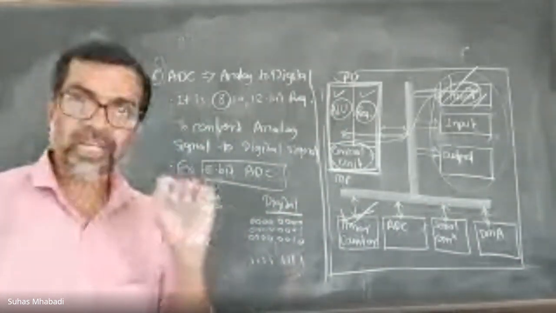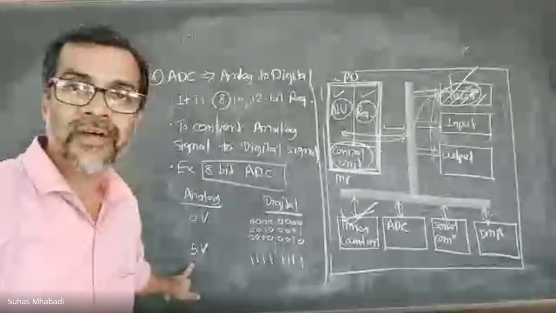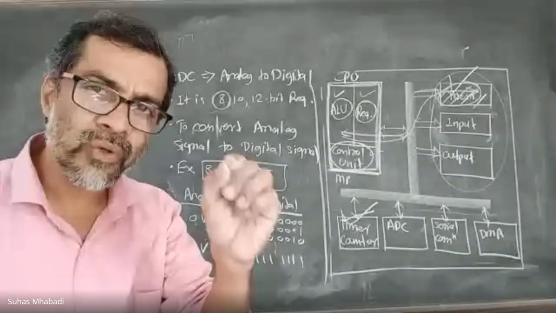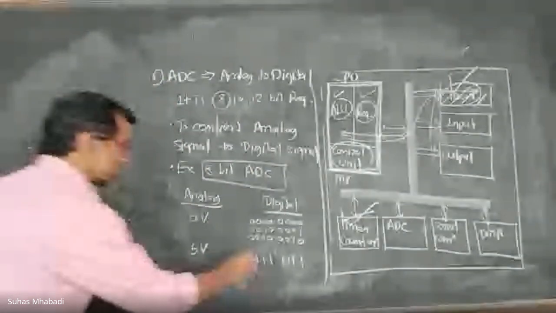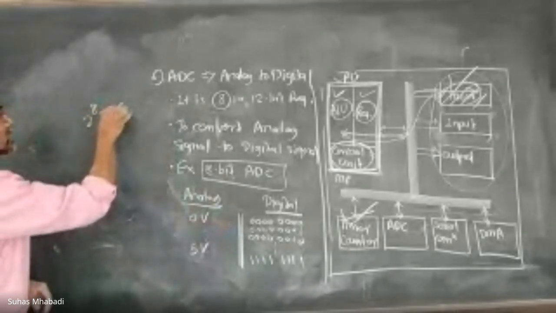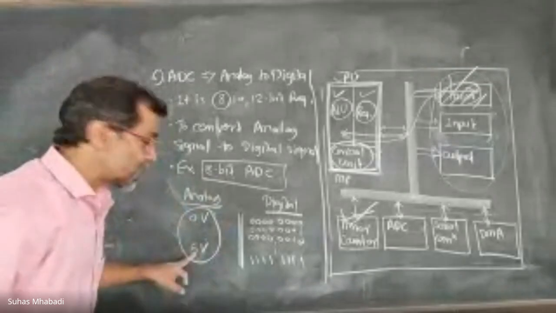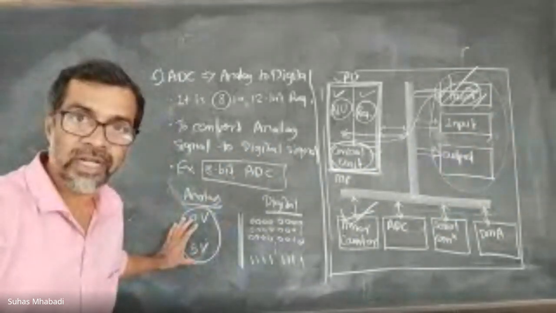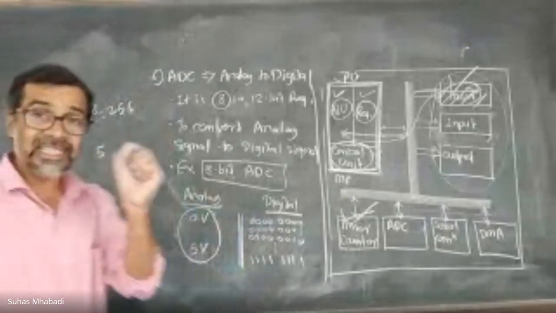So the quantization of the signal is nothing but 5 volt divided by 256. I am going to get that much of a minute step. So the number of steps is 2 raised to 8, which is 256. The quantization is done by the maximum voltage, or difference of voltage, divided by the number of steps. So I am going to get a least count.